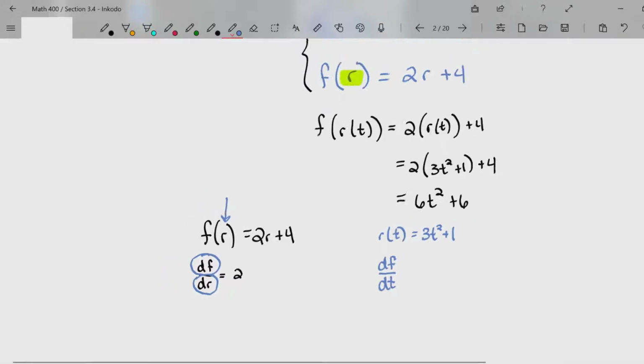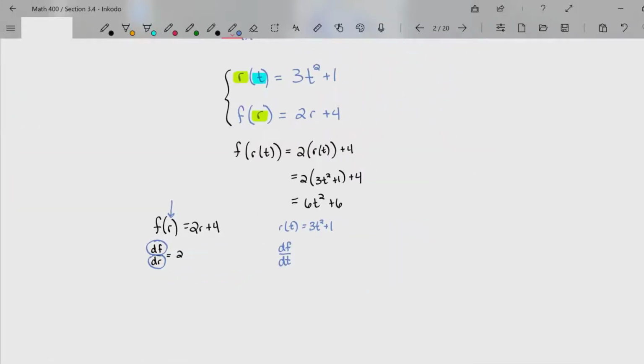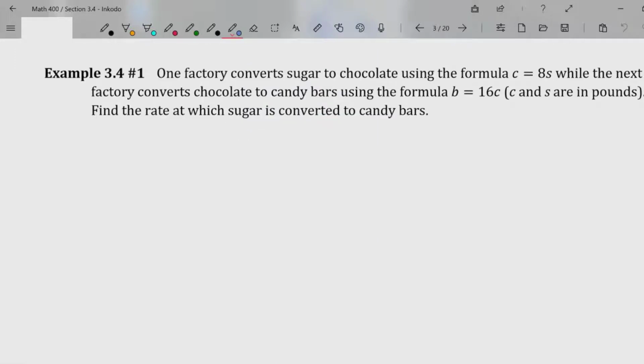So the chain rule is all about nested functions or compositions of functions. Let's start motivating this with a very specific example. One factory converts sugar to chocolate using the formula C is equal to 8s. I'll write that down.